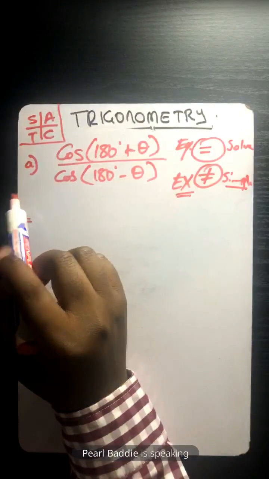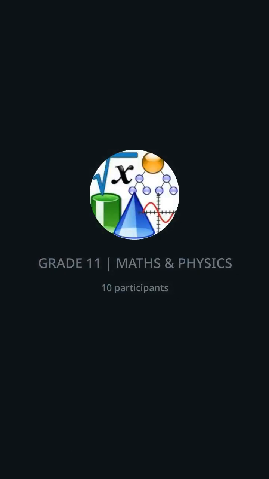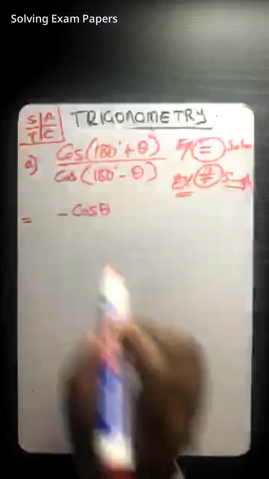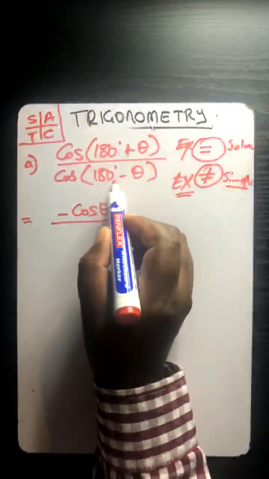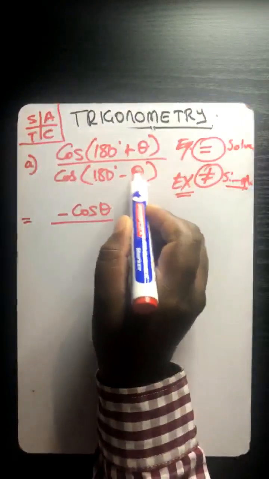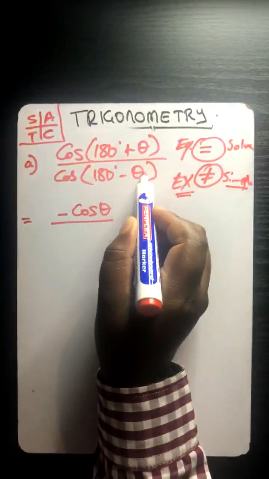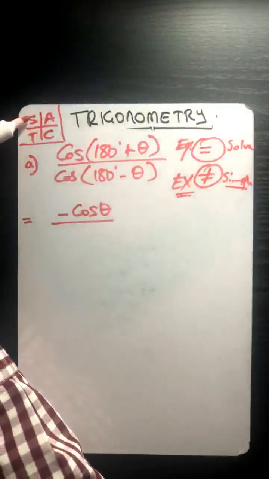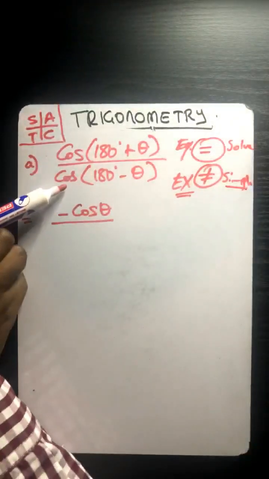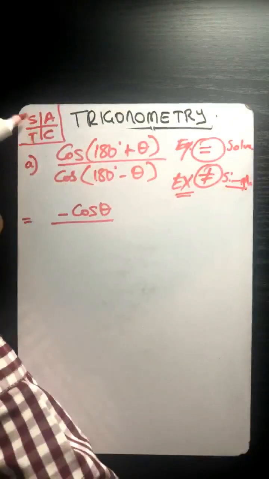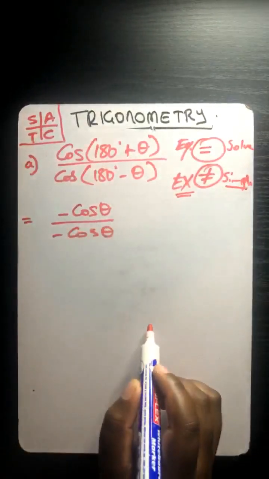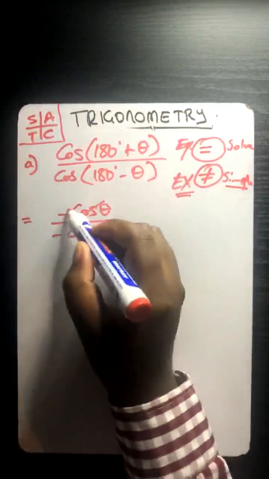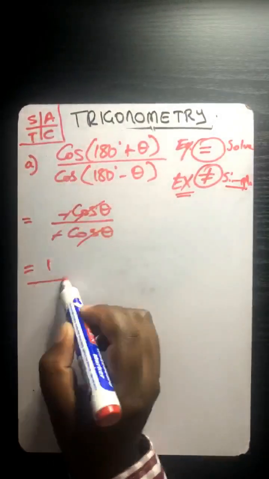So that is why I'm going to have negative cos of an acute angle over, and you do the same in reverse. 180 minus that takes me to which quadrant? To the second quadrant. In the second quadrant, is cos negative or positive? It's negative. That means you are having negative cos of an angle. Then you can see that cancels, and you just remain with 1.